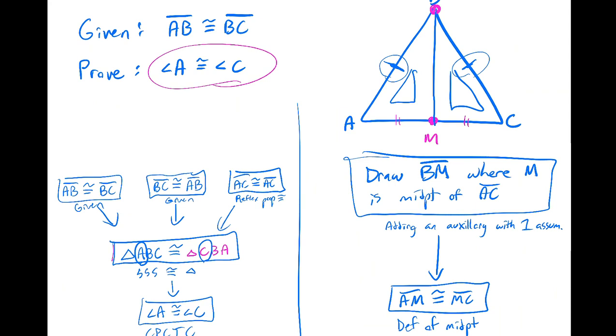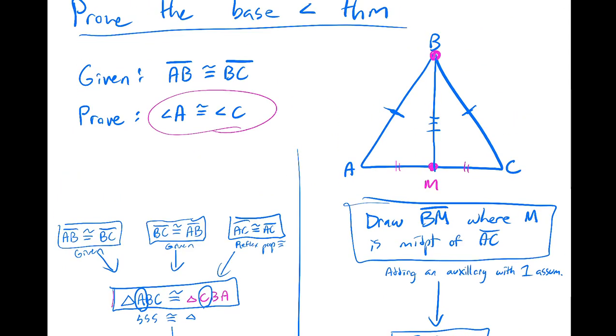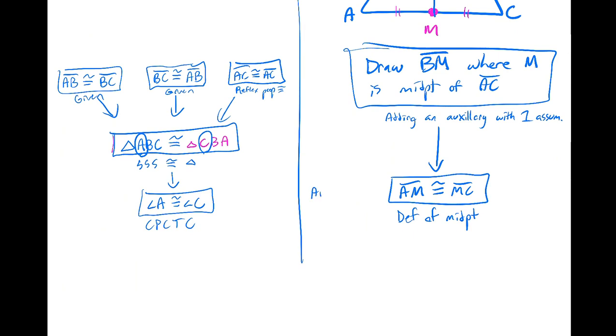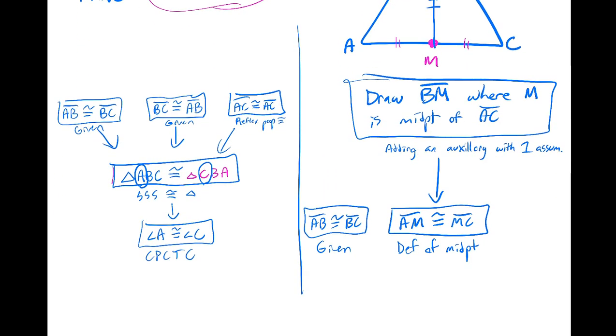So we could either go for side angle side, but that's what we're trying to prove. So we can't probably get that in between. That's going to be our end goal. So instead, we could say this side is congruent to itself. So let's go ahead and say AB is congruent to BC, okay? And that was a given. And then we could also say BM is congruent to BM, and that's the reflexive property.